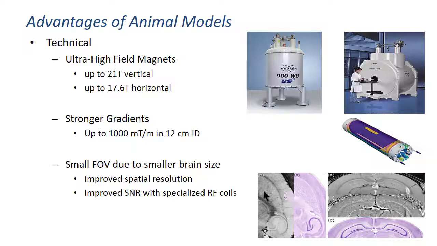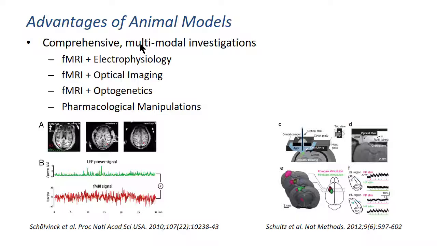So the quality of the MRI images is almost histological and allows a direct comparison between MRI and gold standard histology. But also, the main purpose of working with animal models is that we can explore the brain in ways that we still cannot do in humans.